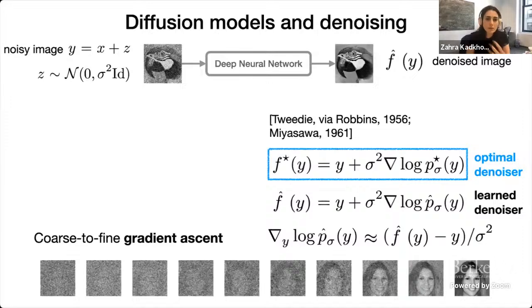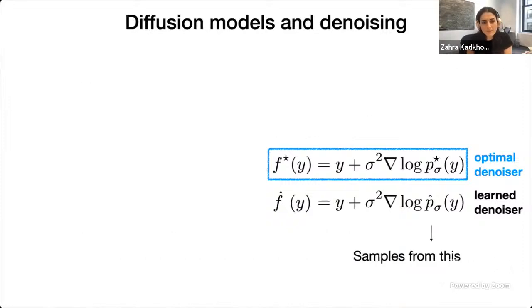So now we can use this denoiser as a gradient machine, conveniently, in this algorithm, in a coarse-to-fine gradient ascent manner, to start from a sample of Gaussian noise and sample an image from this density that is embedded in the denoiser, or this family of densities. This was a quick, simple review of diffusion models.